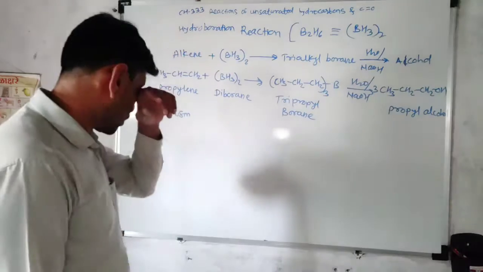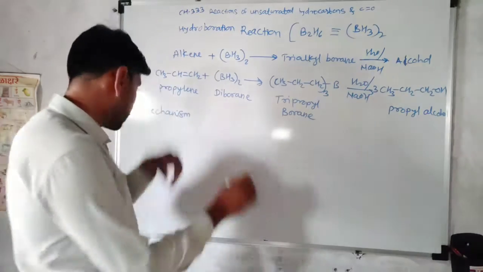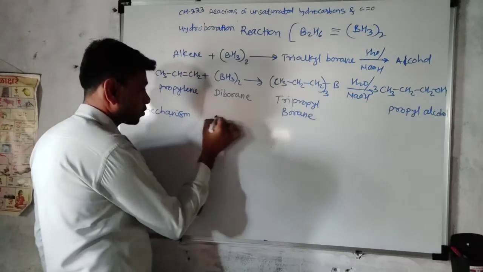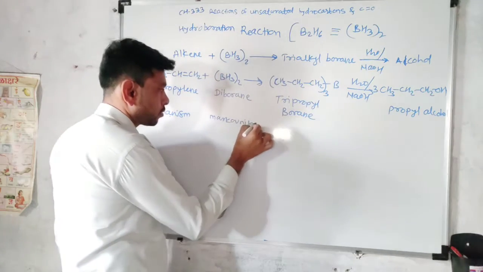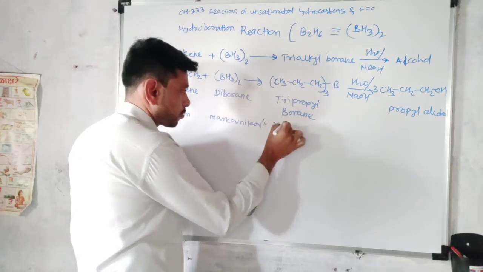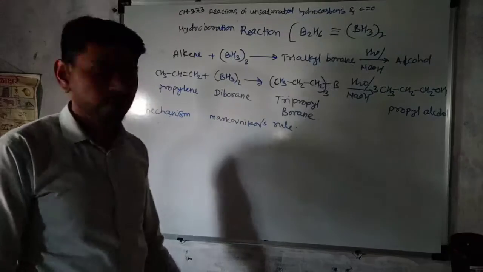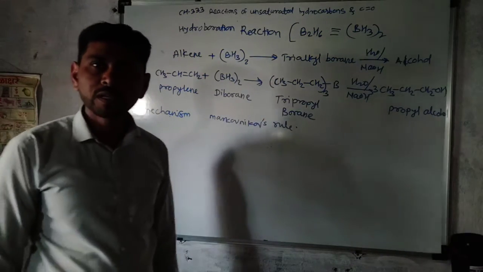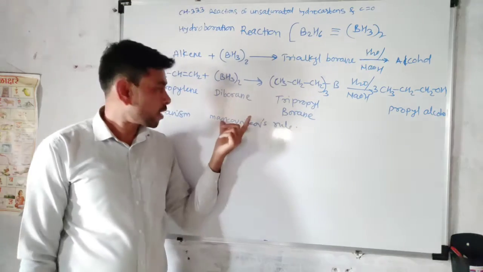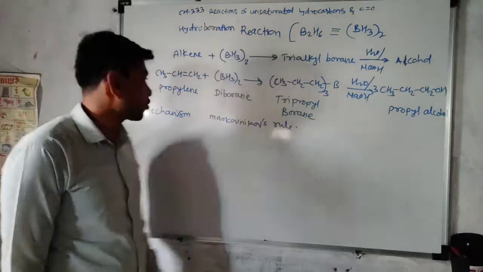In this mechanism, if we observe, it takes place according to the Markovnikov's rule. Because addition of diborane takes place via Markovnikov's rule, that is, the negative part of the reagent attaches to the carbon atom which has fewer hydrogen atoms.